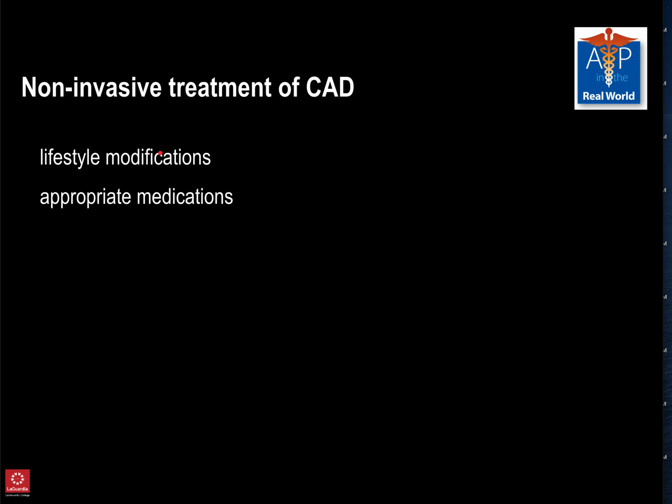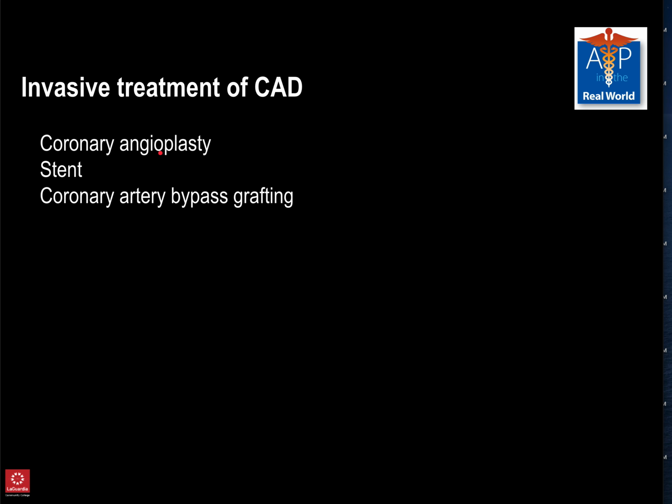So there are different ways to treat this. You can have lifestyle modifications or appropriate medication. Or you can have an invasive treatment, which involves coronary angioplasty. In this case, that same probe that you used to do the angiograph, you take it, and at the end of that little probe there is a little balloon. You inflate the balloon, and that pushes the plaque out of the way, and this will allow blood to flow through. Another option is a stent.